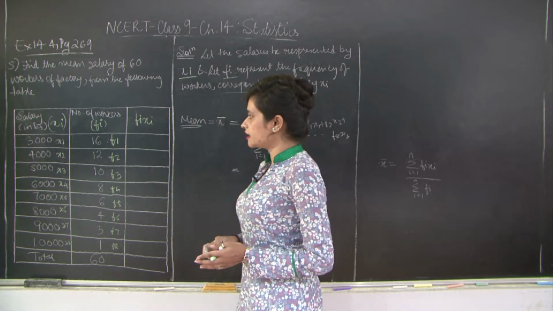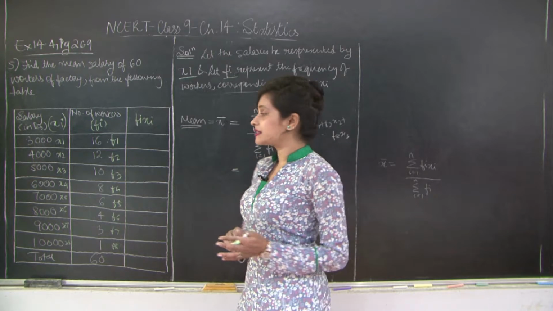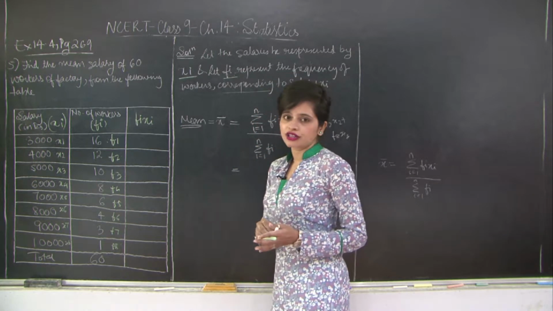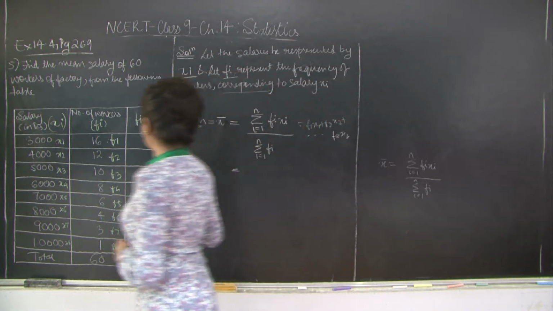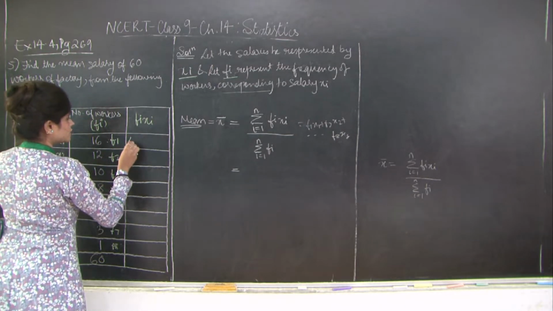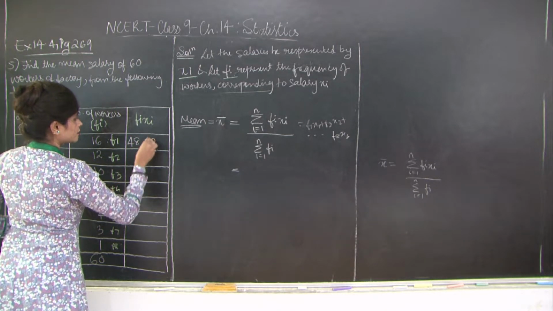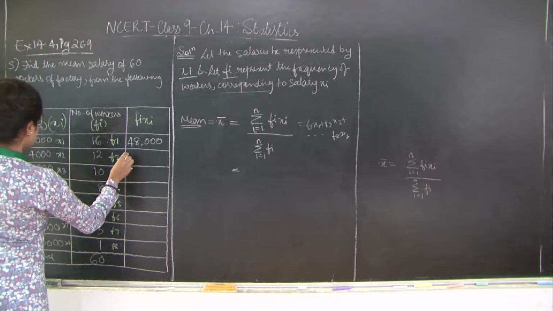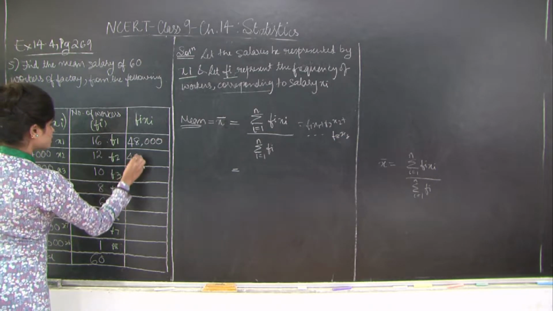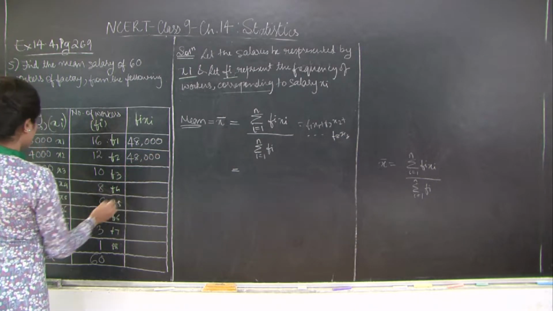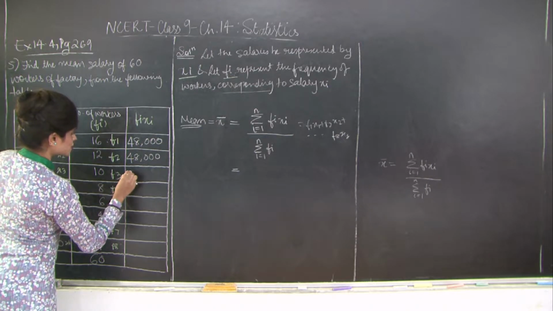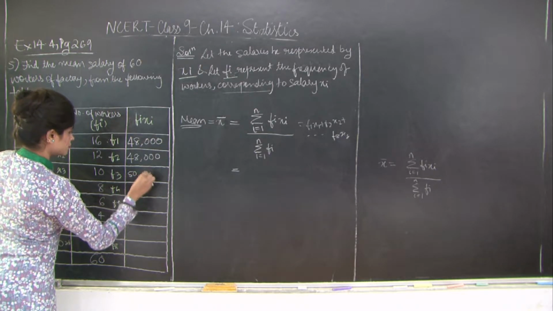So let's get started. 3 16s are 48, so 16 into 3000 will be 48,000. So let's fill this out. I get 48,000 here. Then 12 4s are 48, so again 48,000. Then I have 10 into 5, which is 50,000.